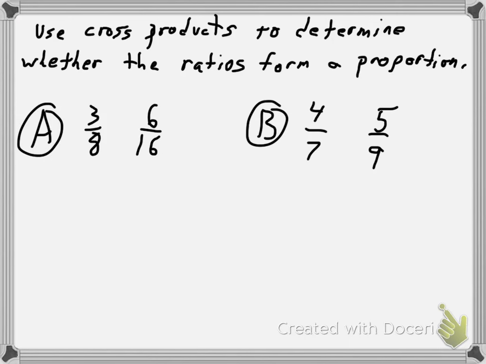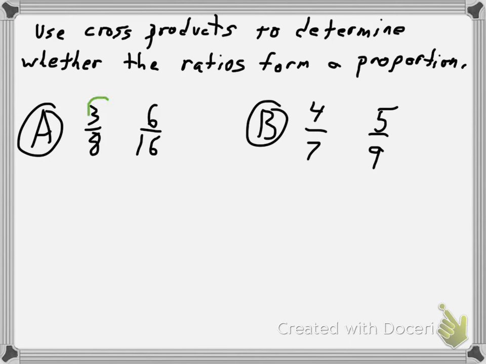Let's look at example A. I have 3 over 8 and 6 over 16, or 3 to 8 and 6 to 16. I want to see if these are proportional. I'm going to use cross products here. I know there are other ways we can do it, but again, our goal is to make sure we know how cross products work.